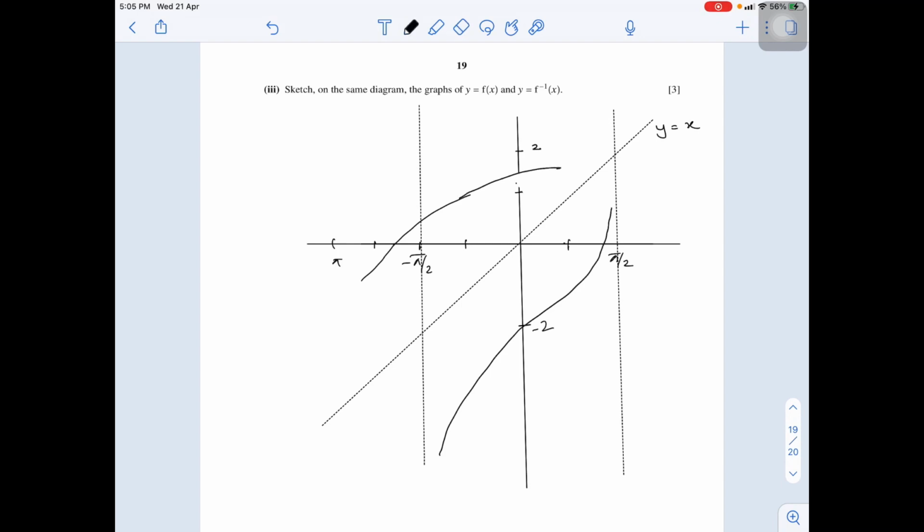The line becomes like that. That's y equals f inverse x, and that's y equals f(x). All right, it's passing through the origin.